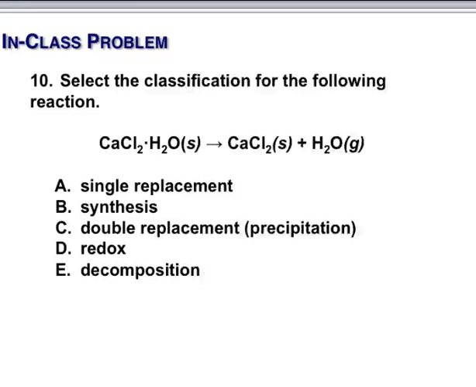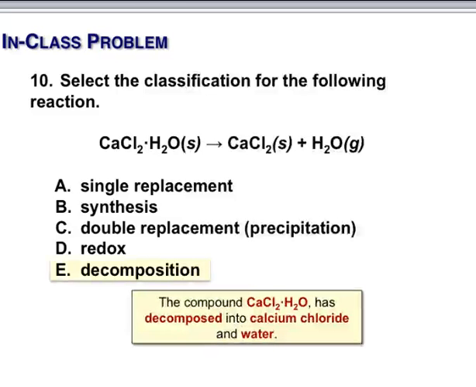We are simply decomposing it, aren't we? Is this redox? No. Calcium is still calcium, chlorine is still chlorine, water is still water. So this is a decomposition that is not redox.